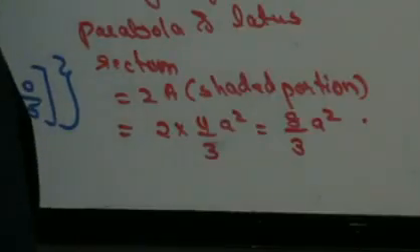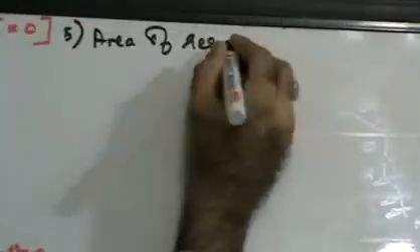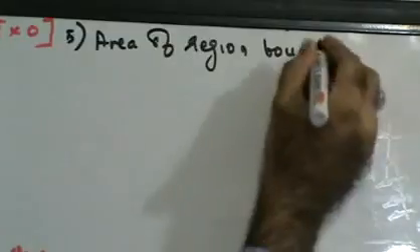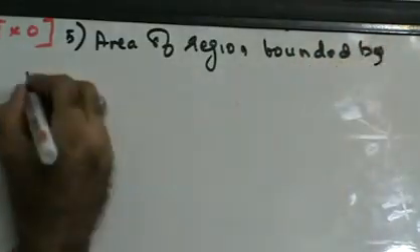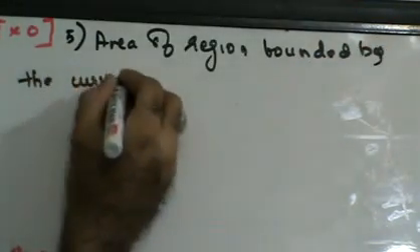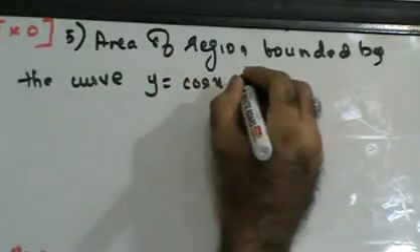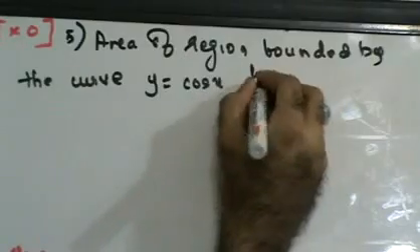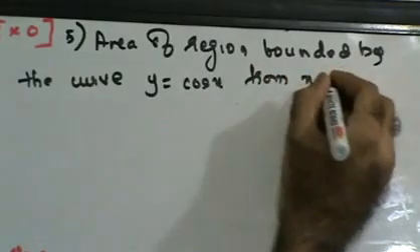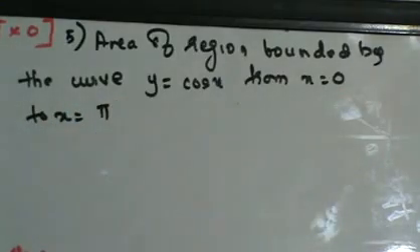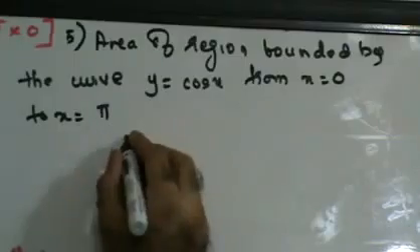Let's find the area of the region bounded by the curve y is equal to cos x from x is equal to 0 to x is equal to pi. Right, let's try to see what kind of curve it's going to be.